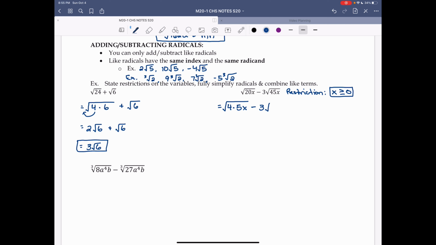The biggest perfect square that divides 45 is 9. 9 times 5x. We can take 4 out from under the square root and take 9 out from under the square root. We get 2 square root 5x minus 3 times 3 square root 5x, which simplifies to 2 square root 5x minus 9 square root 5x. And then we have like radicals. They both have square root 5x. We can combine them. We get -7 square root 5x.